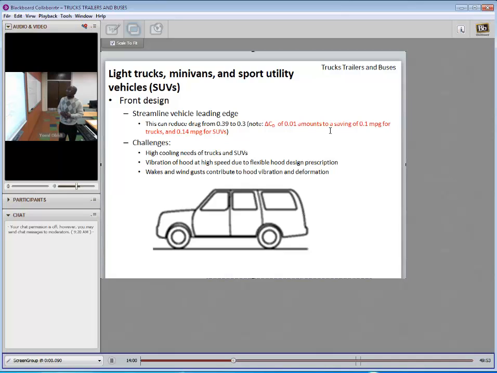And there's vibration of the hood at high speed due to the flexible hood design prescription. This second point was not an issue for quite a while until the specification to reduce the impact on the passenger whenever there's a crash became more stringent.